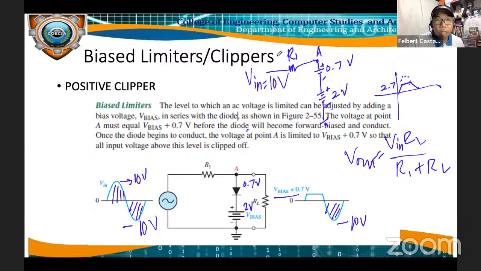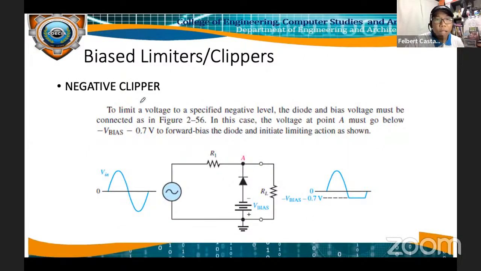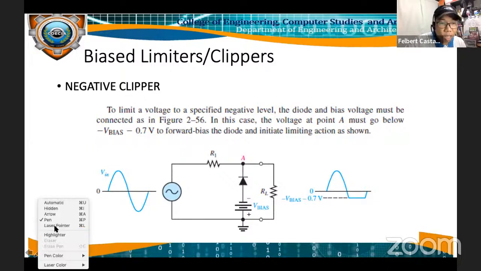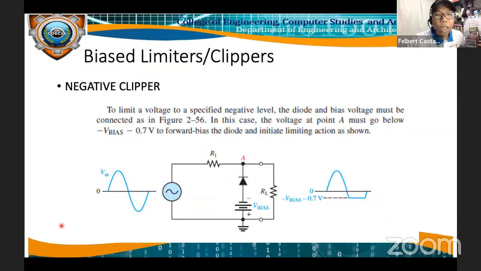Question here. Positive clipper, kasi positive half cycle ng waveform mo yung ni-remove or nilimit or naka-clip. That's the idea. Negative clipper naman, laser pointer na lang. So yung nilimit naman dito is yung negative half cycle.